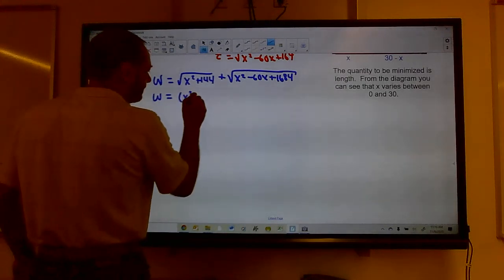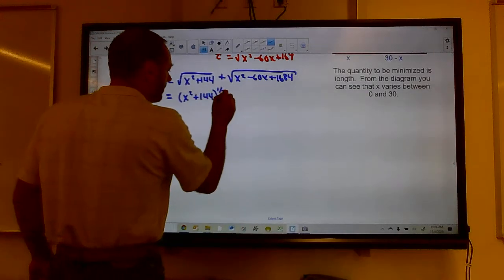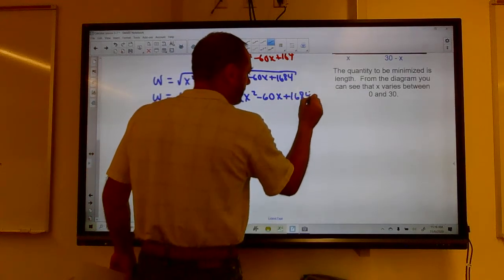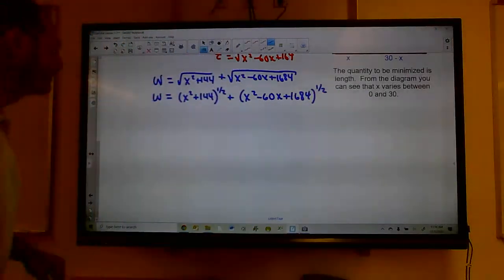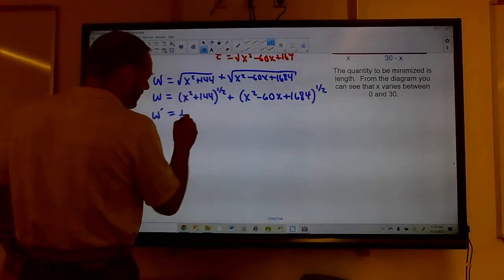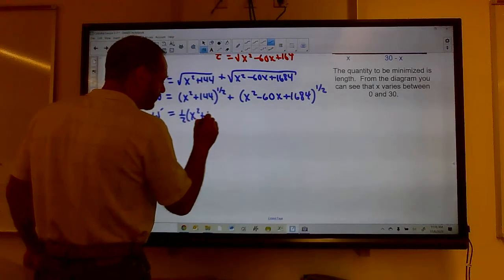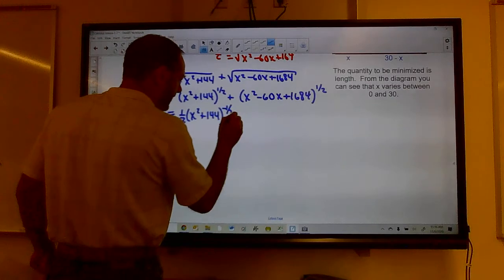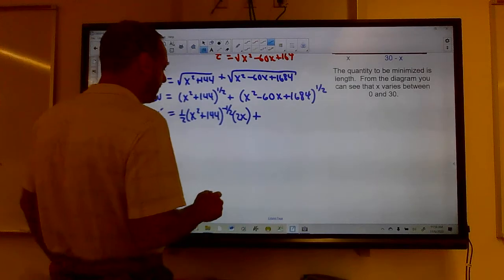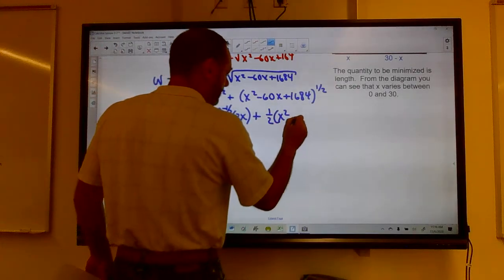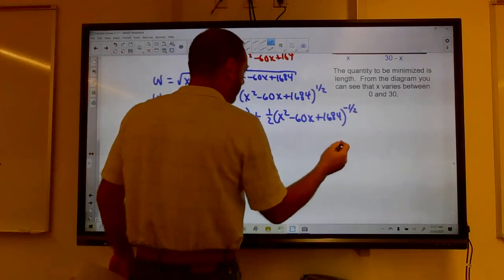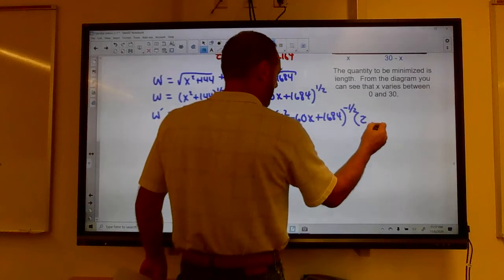This is x squared plus 144 to the 1/2 plus x squared minus 60x plus 1684 to the 1/2. And I take the derivative. So this is going to be 1/2 times x squared plus 144 to the negative 1/2 times 2x by the chain rule plus 1/2 times x squared minus 60x plus 1684 to the negative 1/2 times 2x minus 60.